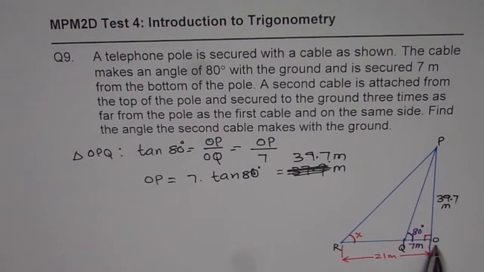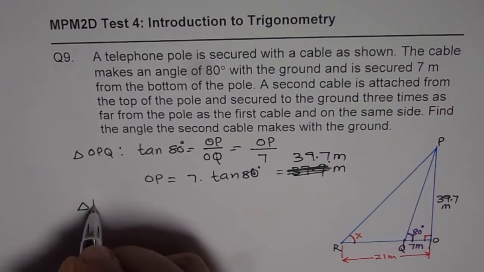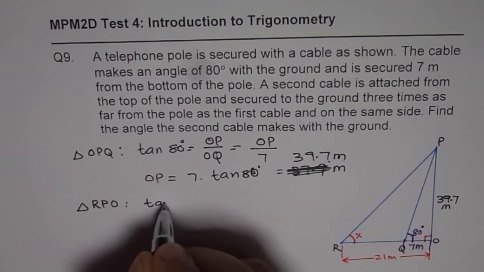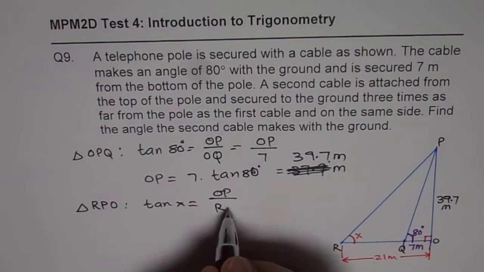We know the base is RO, which is 21, and the opposite side is 39.7. So angle X, we can find using tan, right? So we can solve triangle RPO. Here tan of X is equal to OP divided by RO.